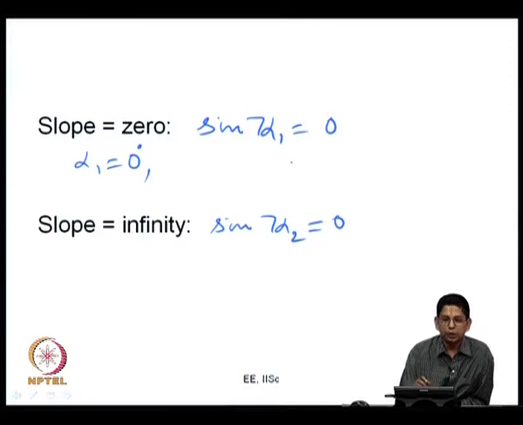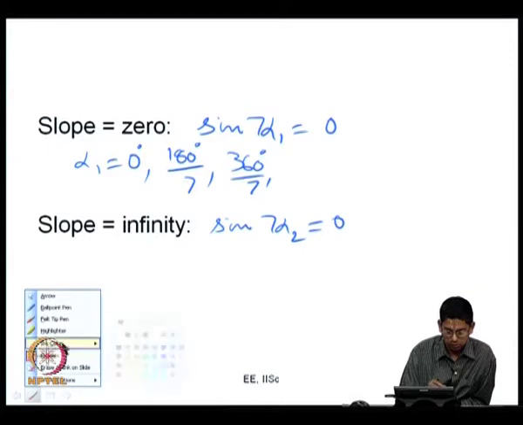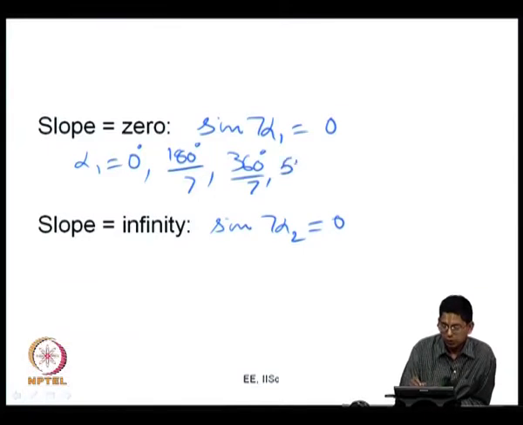Then the next value is 7 alpha 1 is 180, or alpha 1 is 180 by 7, then 360 by 7, then 540 by 7, and so on.